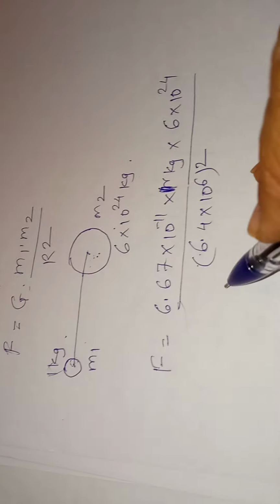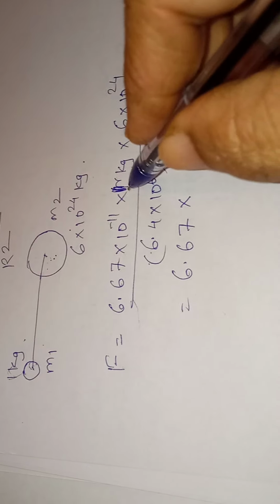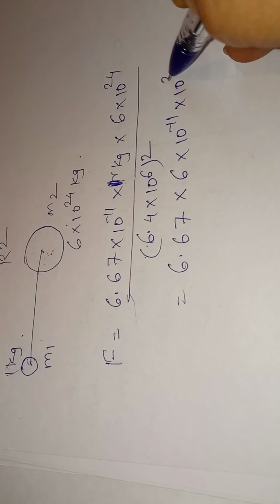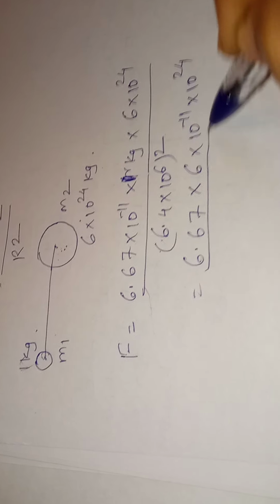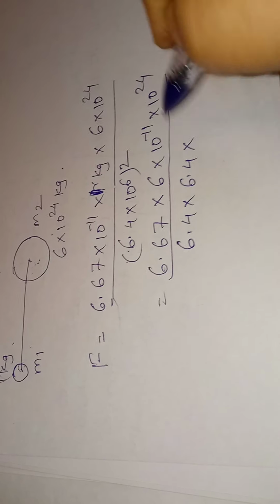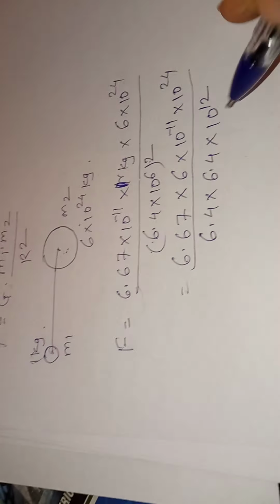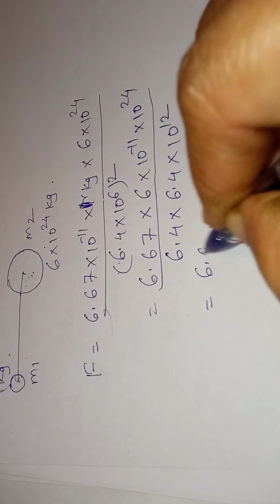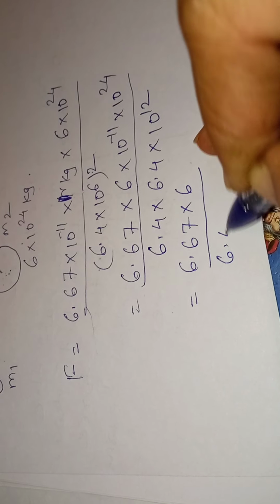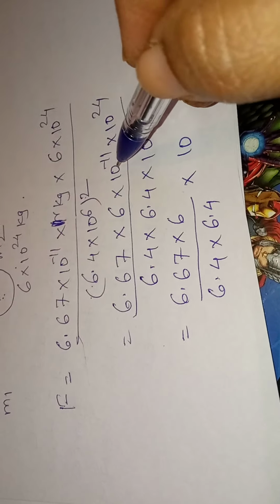We can easily find this value: 6.67 into 1 into 6 into 10 raised to minus 11 into 10 raised to 24 divided by 6.4 into 6.4 into 10 raised to 6 square, that is 10 raised to 12. From this, 6.67 into 6 divided by 6.4 into 6.4 into 10 raised to minus 11.